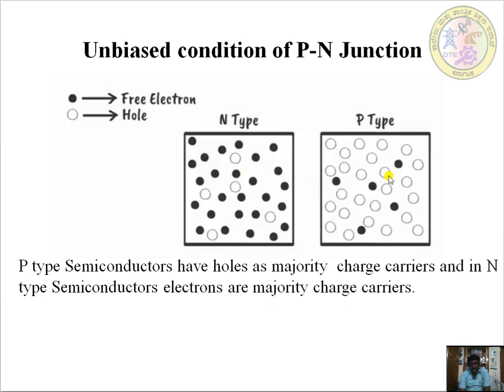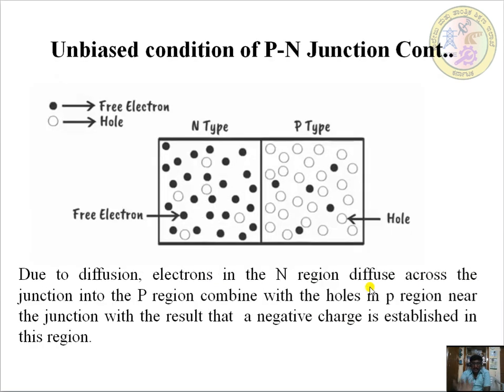In the same fashion, in p-type it is vice versa: holes are the majority carriers and free electrons are the minority carriers.